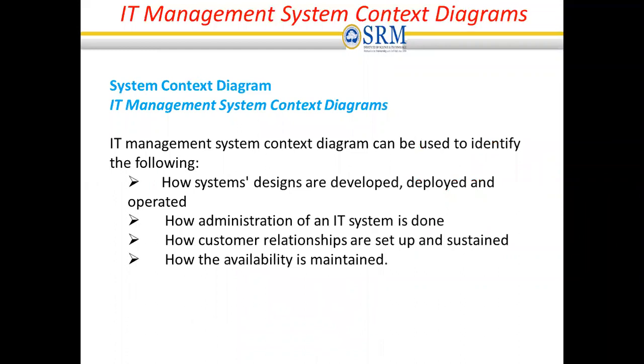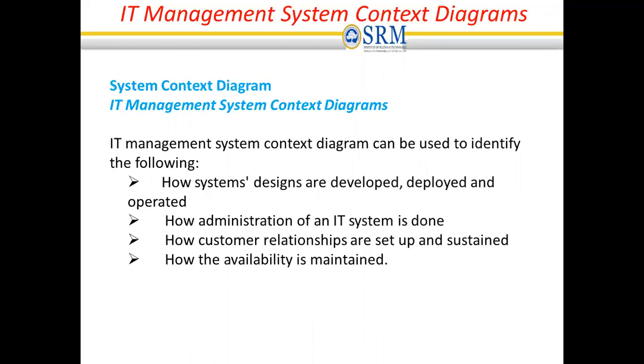So similar to business system context diagram, IT management system context diagram can be used as a starting point based on which an elaboration can be done to achieve the overall IT management system. For example, IT management system context diagram can be used to identify these issues or these things inside the system.